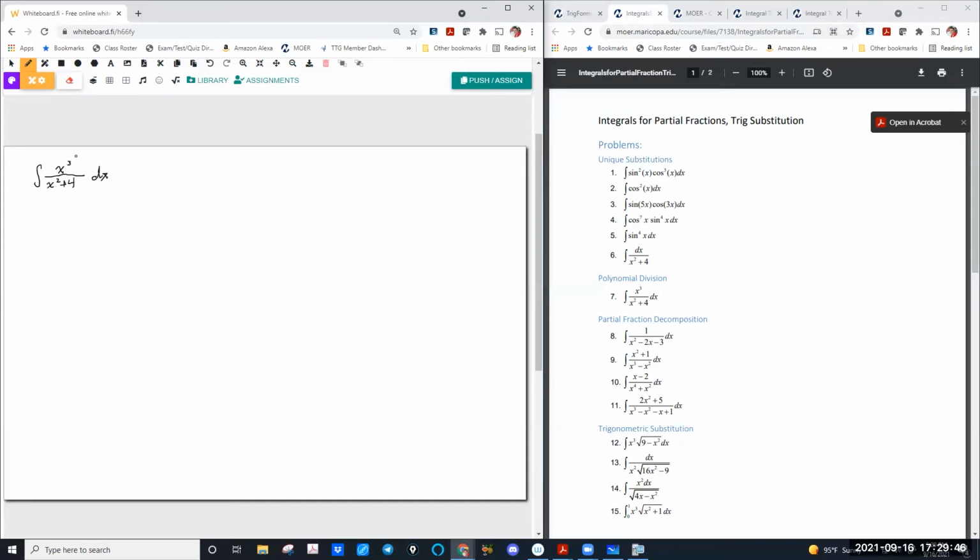Anytime you have a rational expression, which is a polynomial over a polynomial, and the power in the numerator is equal to the denominator or higher, you want to do polynomial division to rewrite what you have, okay?